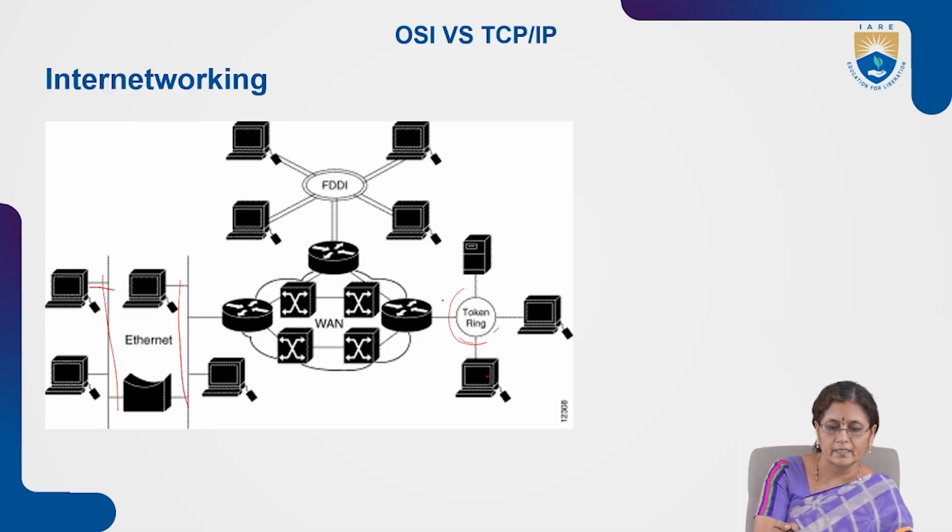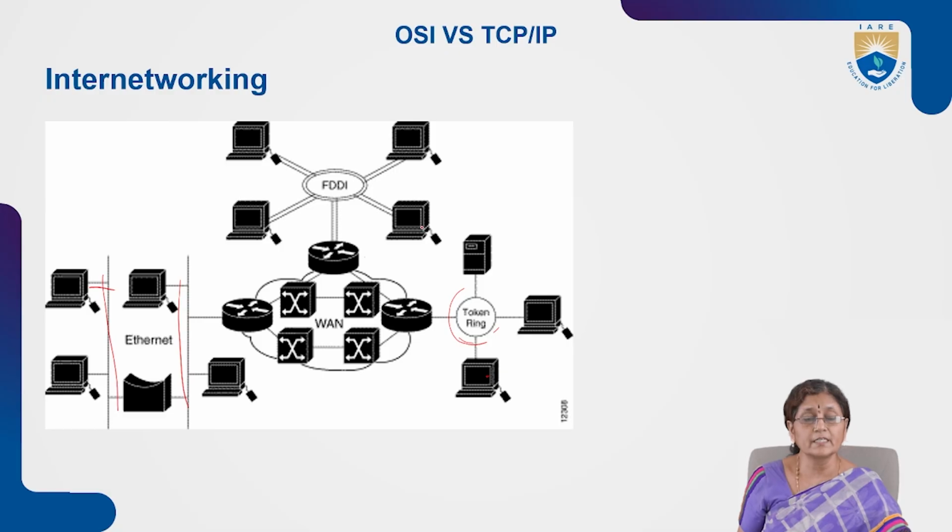Then this is FDDI, connected with different nodes 1, 2, 3, 4, all with the help of switches. So all these different networks, wired and wireless, are interconnected and connected to each other. Hence it is internetworking.